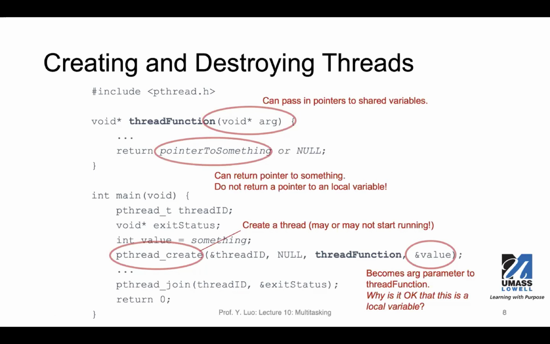Now, the next thing is when you return from the thread function, this pointer to something. If we declare an integer x equals 5, and we do some operation on the variable x, and then we return the pointer to that variable x, is that okay?